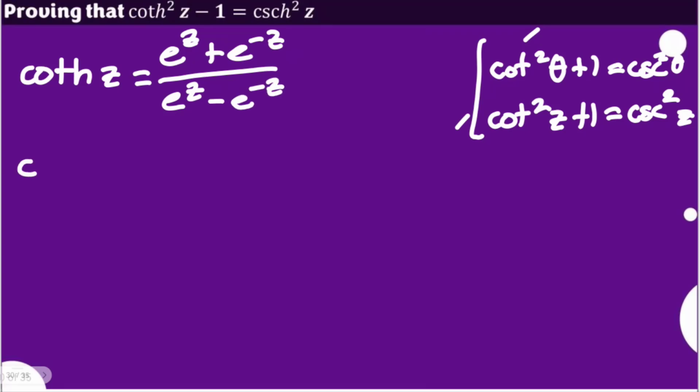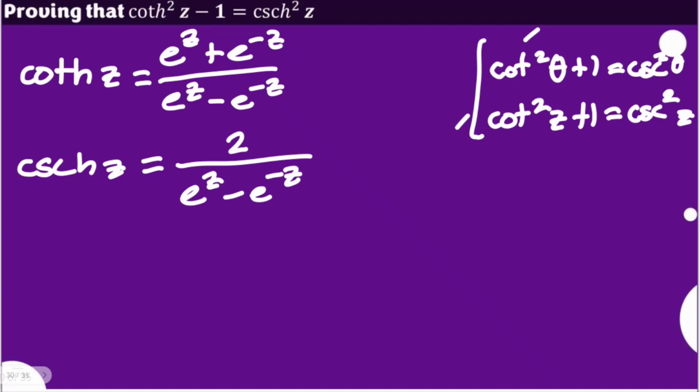As for the hyperbolic cosecant of z, it's the reciprocal of the hyperbolic sine, so it's equivalent to 2 over e to the power of z minus e to the power of negative z. But since our task is to show that the square of the hyperbolic cotangent minus 1 is equal to the square of this, our target is actually the square of the cosecant function.